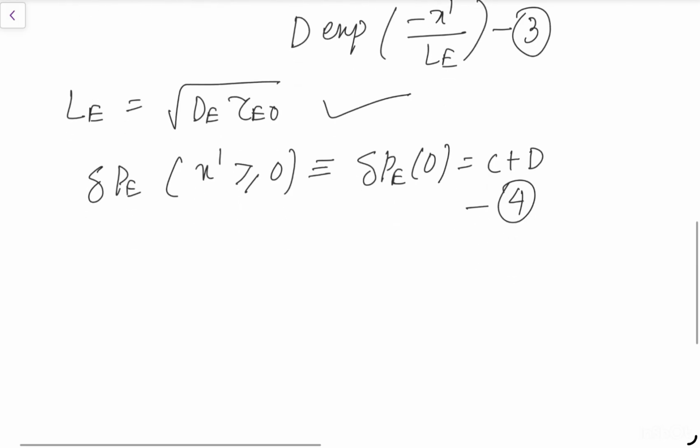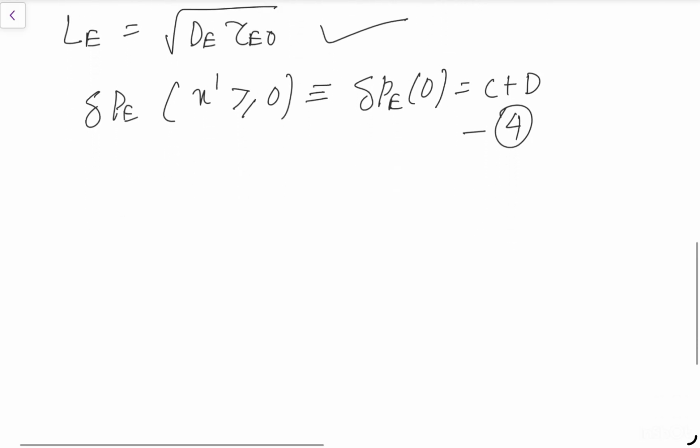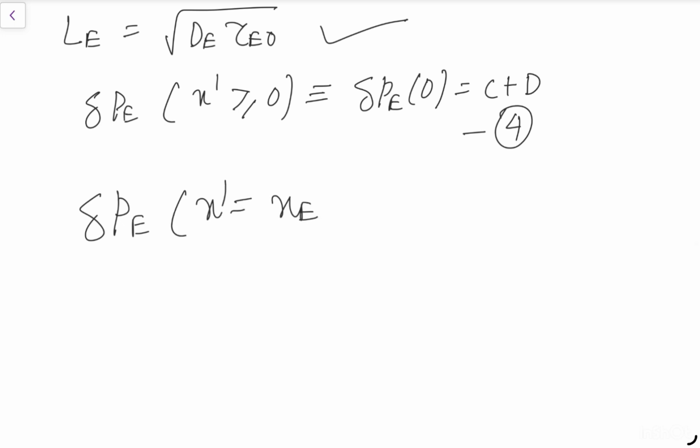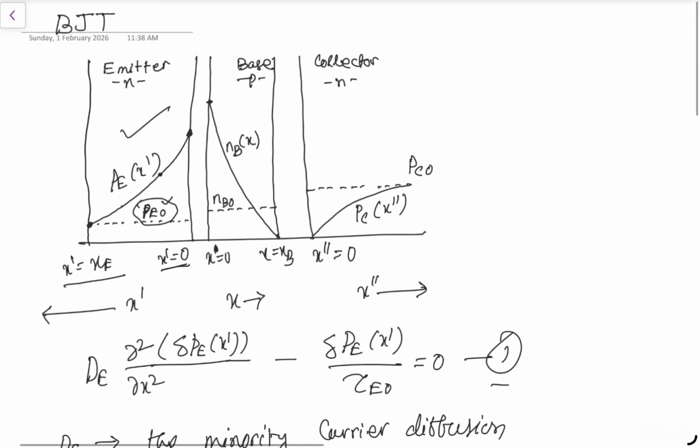Now similarly we can write delta PE at x dash equal to xe, the neutral emitter width at the boundary. You can see that x dash is equal to xe here, and you can see this value is PE0, right?